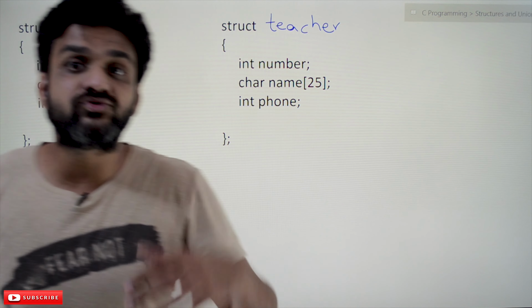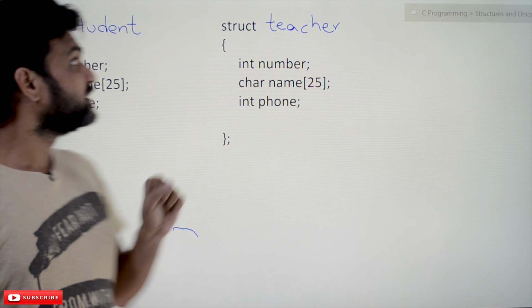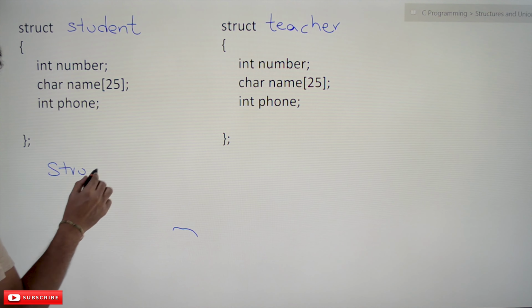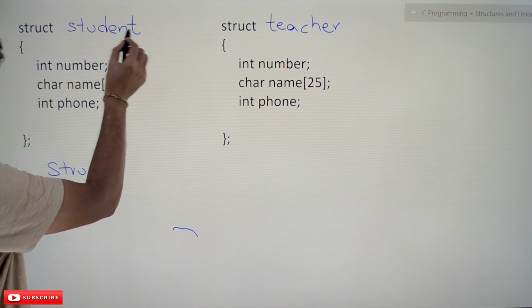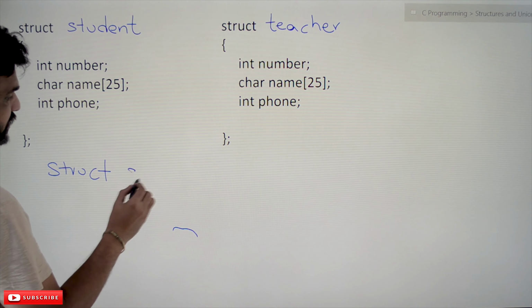So how do we declare the variables for a specific structure type? That can be done by using struct followed by the structure tag, or structure type, which is student.